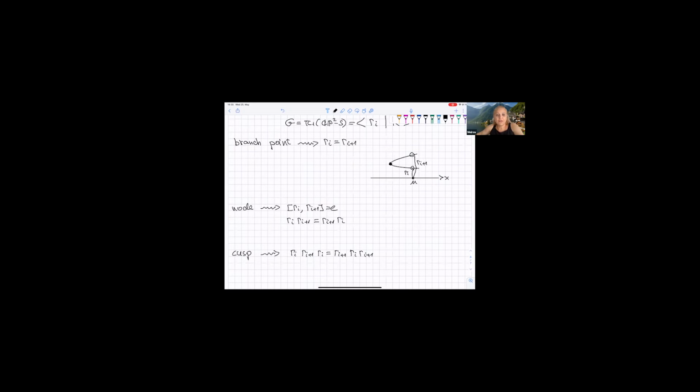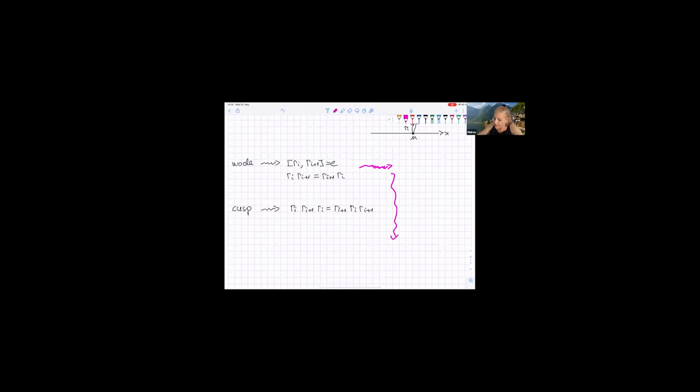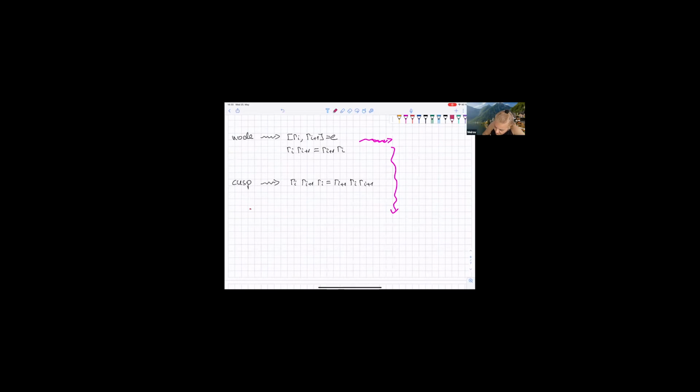Now I would like to show you by the Van Kampen Theorem how we get, let's say, the relation for a node. So very short, a nice proof. Let's say I have a node here. This is the x-axis.